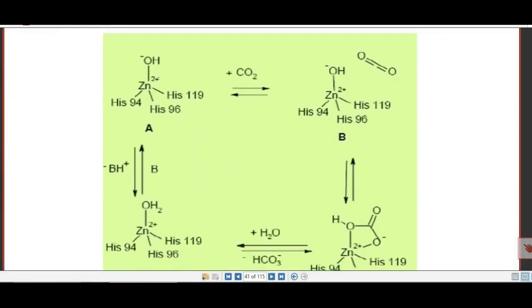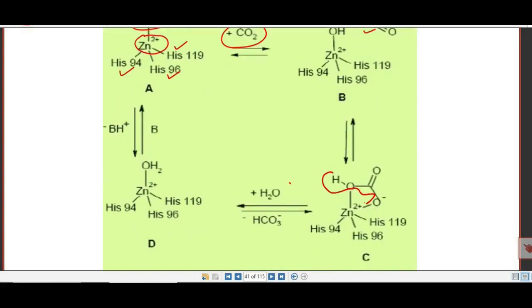Here in carbonic anhydrase, zinc 2 plus is bonded to 3 histidine residues and 1 OH minus ion, and adding carbon dioxide gives OH COO. This bond is formed, and on hydrolysis and removing HCO3 minus, it is removed to give OH2.